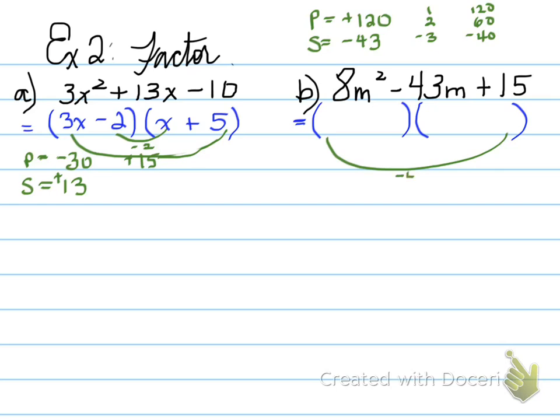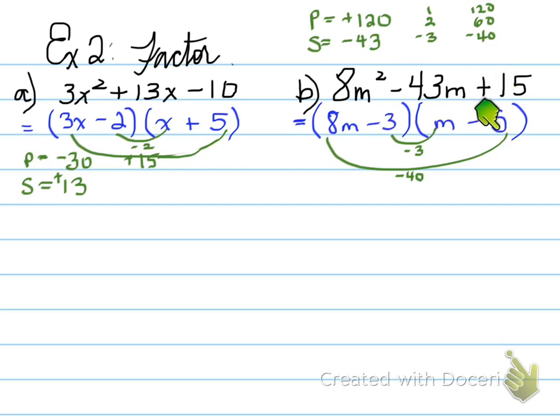So our outside is going to be our negative 40. Our inside is going to be negative 3. So we need to get these numbers, and they are negative 40. So I'm going to take 8m from here, and I'm going to take 5 from this one.